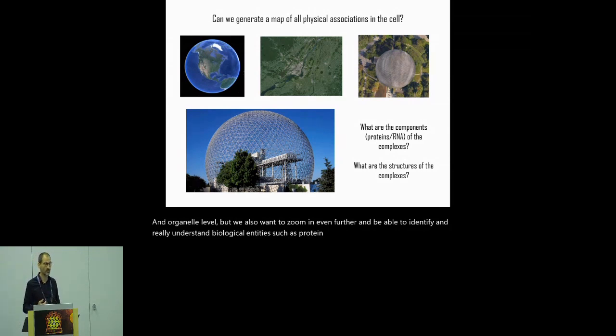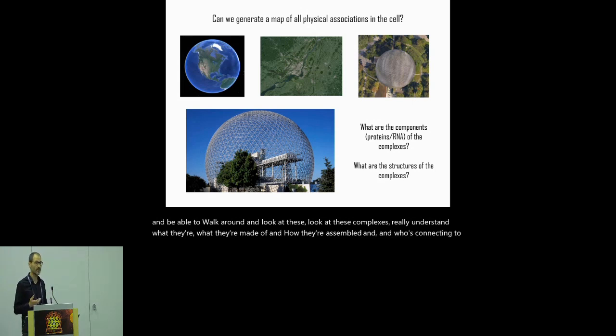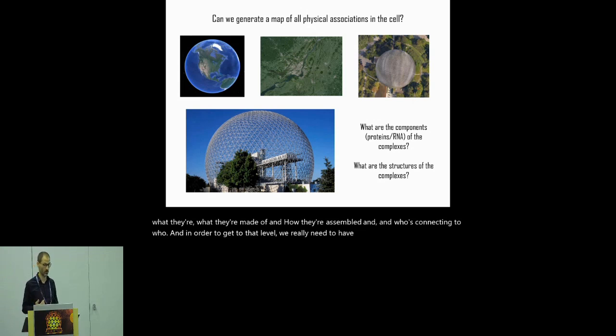To get at this level, we really need to know all of the components: the RNAs, the proteins, the biomolecules that make up these complexes. Further, we want to pick up our little person and drop it onto a roadmap of the cell and walk around and look at these complexes, understand what they're made of, how they're assembled, and who's connecting to whom. To get to that level, we really need structures for complexes, these structural models.